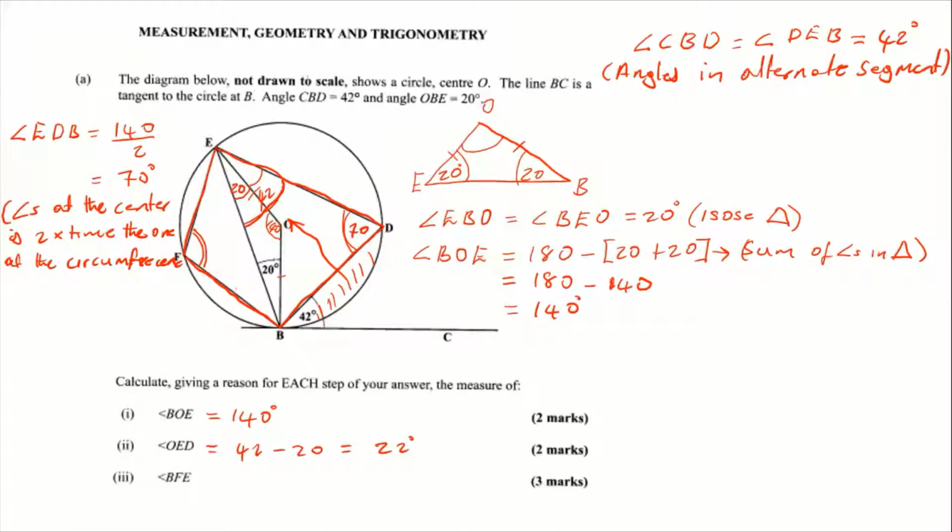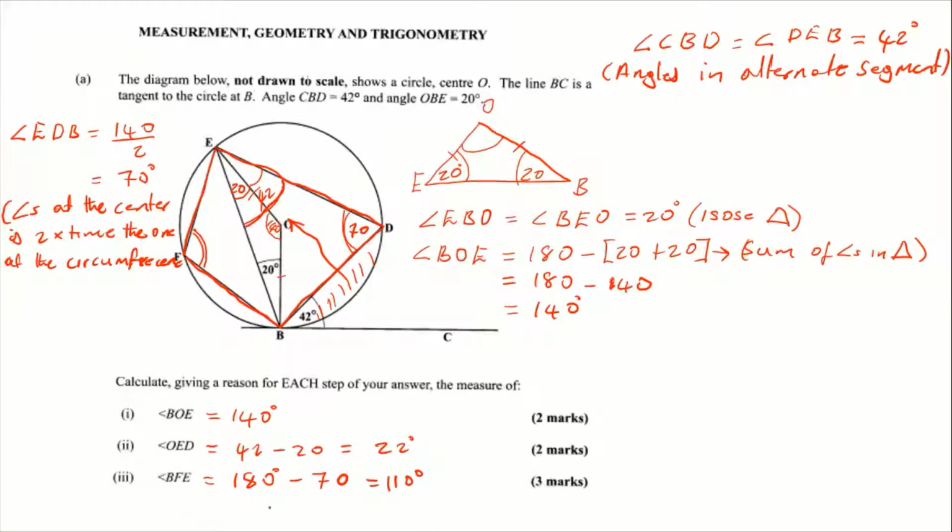And then now we could use the idea of the opposite angles in a cyclic quadrilateral to determine this angle. So we're saying that angle BFE now is going to equal to 180 degrees minus 70 degrees, which is going to equal to 110 degrees, right?